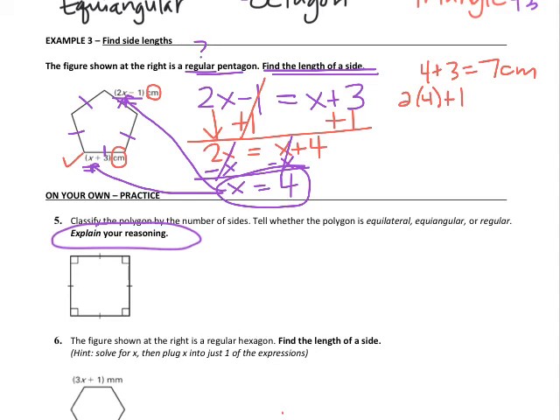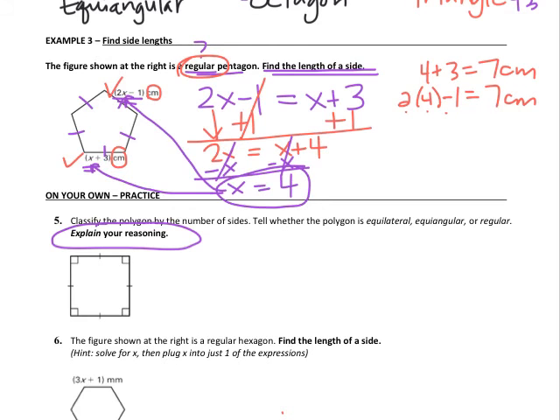Oops, that's not a plus 1. It is a minus 1. Okay, so 2 times 4 is 8, minus 1 is 7. So I can check and say, yep, that one also is 7. And we were looking for side lengths that would be congruent because we knew that they were congruent based on the fact that this is a regular pentagon.